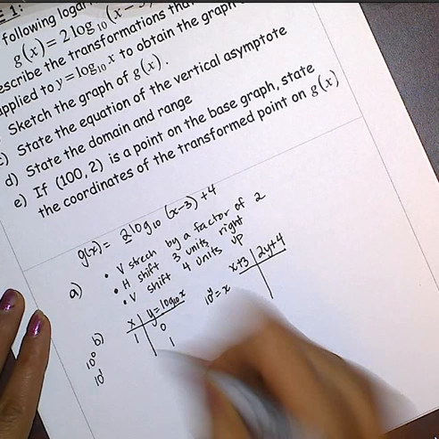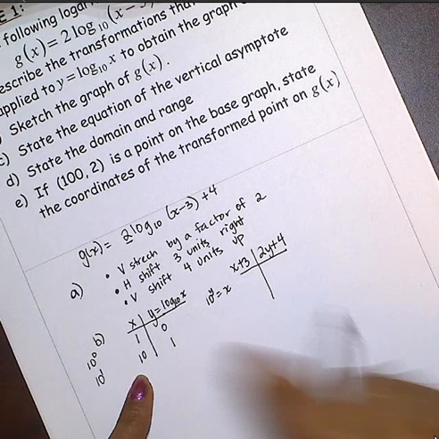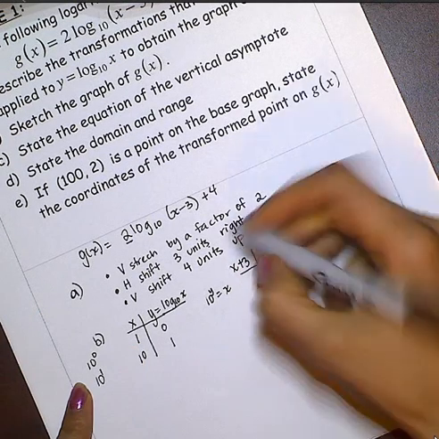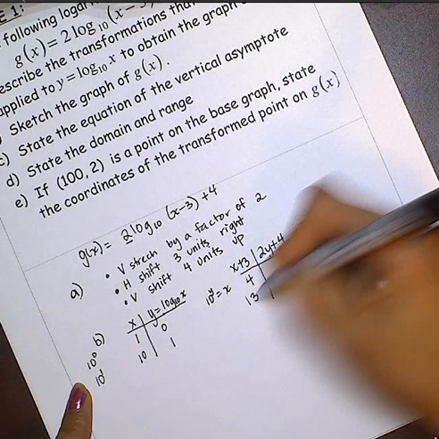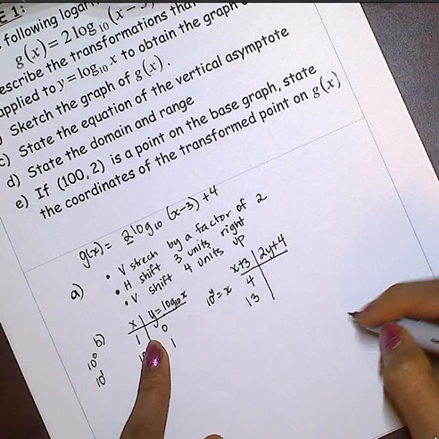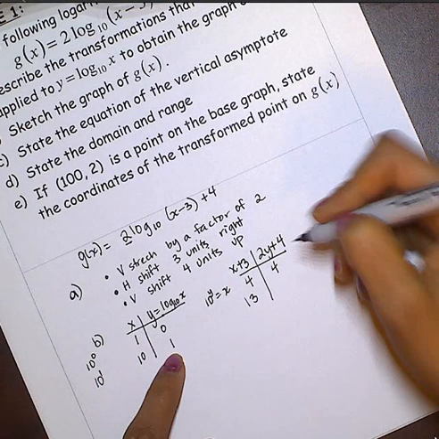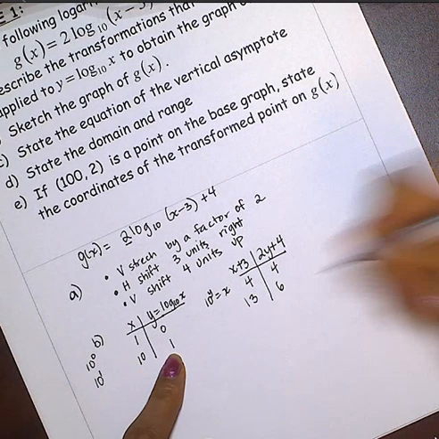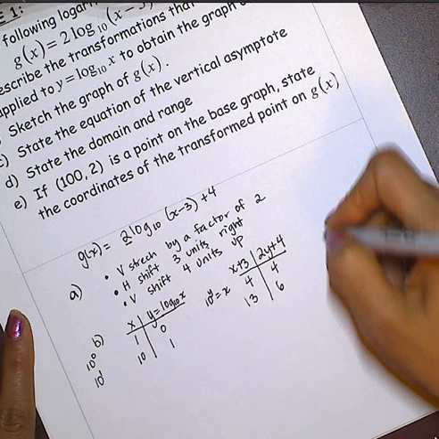Transforming that, I'm going to take this x value, which is 1, plus 3, that is 4, and then 10 plus 3 is 13. You're doing the same thing with the y coordinate. 0 times 2 is 0, plus 4 is 4, and 2 times 1 is 2, plus 4 is 6. Once that's done, I'm also going to classify what my vertical asymptote is. My vertical asymptote here is x equals 3.